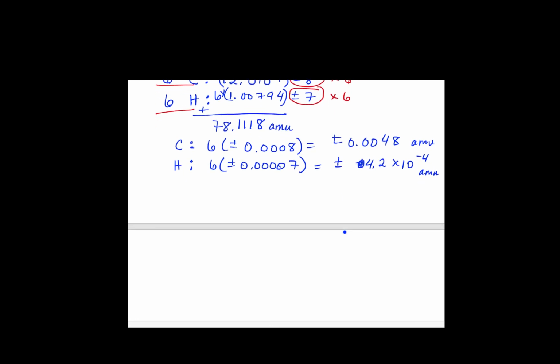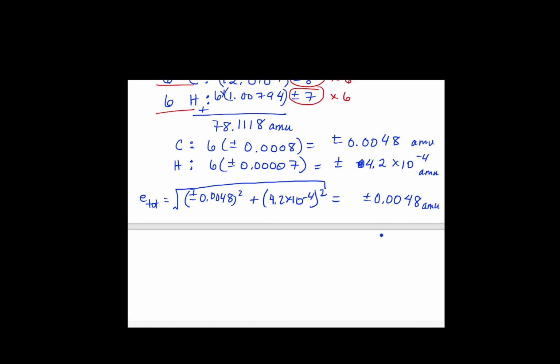So when we calculate the total uncertainty, we're going to use these modified amounts. So go ahead and pause the video and calculate this. Hopefully you got plus or minus 0.0048 atomic mass units.